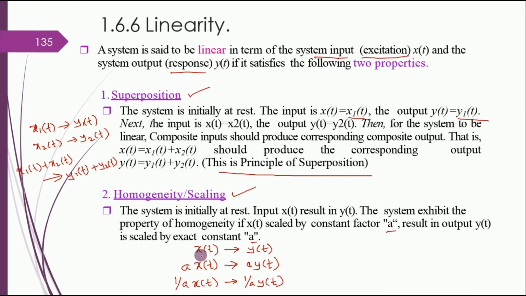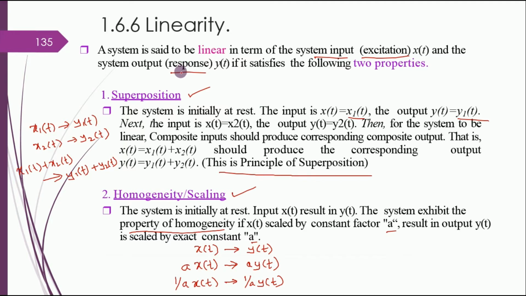Just check here, it is for your understanding. x of t produces y of t as output. a times x of t should produce the same scaled output a times y of t. 1 by a of x of t should produce 1 by a of y of t. So this is called the principle of homogeneity. Both superposition and homogeneity should hold good for the system to be called linear.